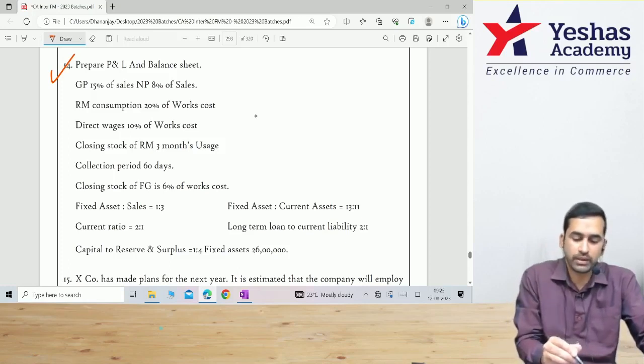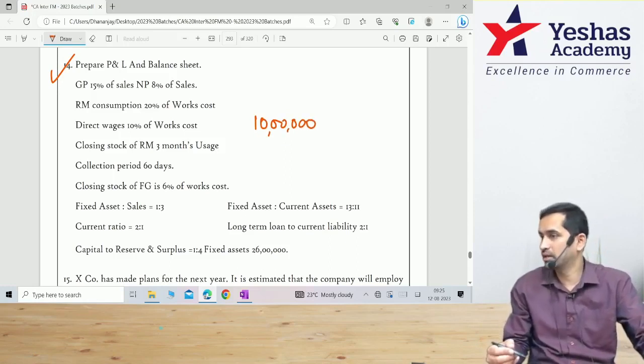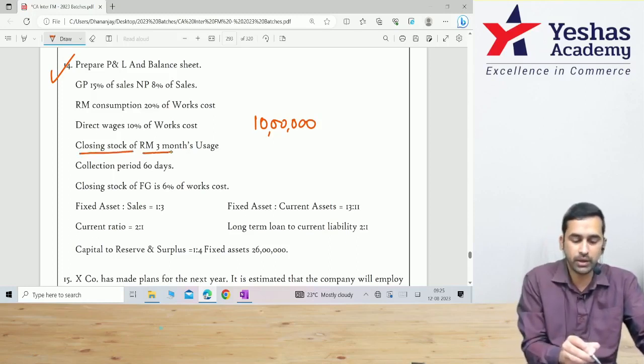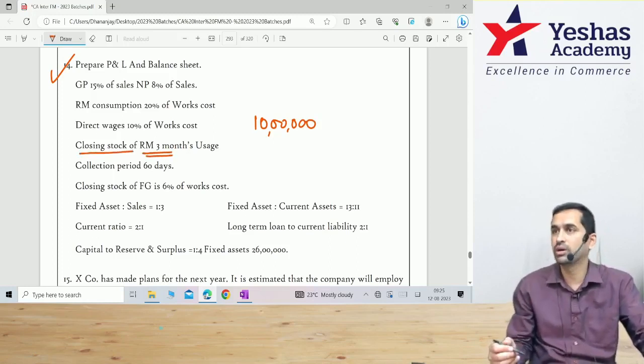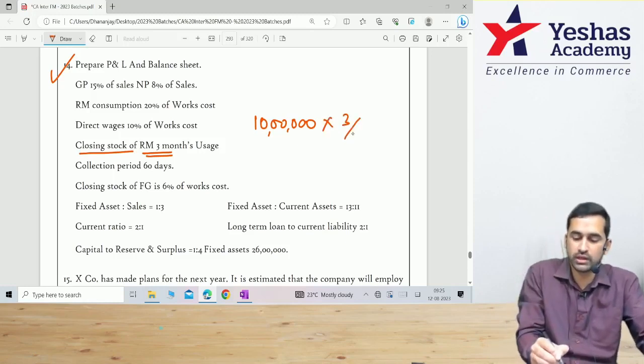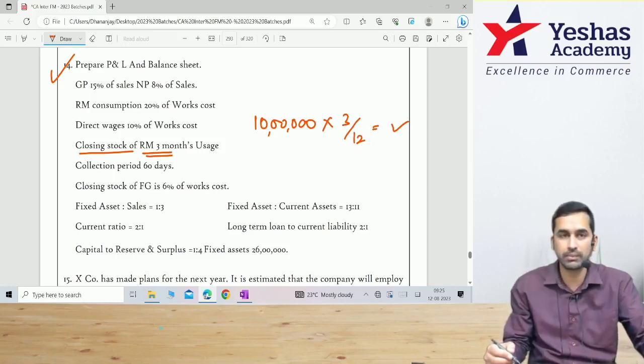Suppose annual raw material cost comes to 10 lakh rupee. Understand the sentence properly. Annual raw material consumption comes to 10 lakh rupee. How much of raw material am I going to keep with me is whatever that is required for 3 months. So 10 lakh is for the whole year, into 3 by 12. That much should be the raw material kept with me.